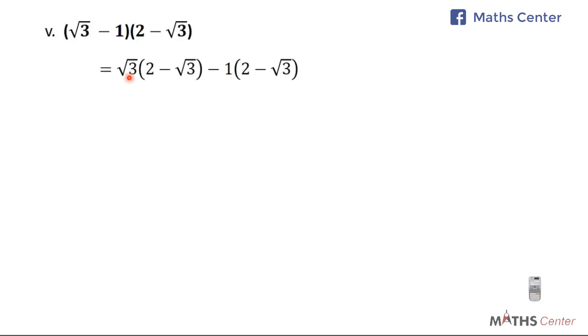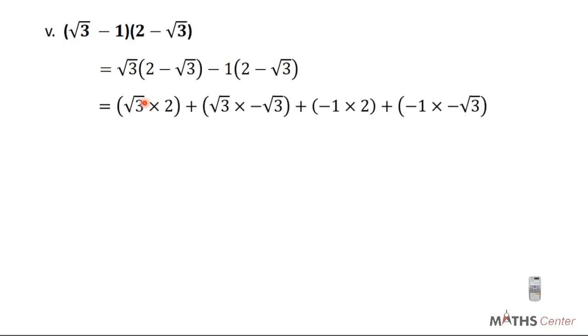We have square root of 3, then times what is in the second bracket, 2 minus square root of 3. Then we take the second term, minus 1. We open a bracket for this, so we have 2 minus square root of 3. Then we do the expansion. So we are going to have square root of 3 times 2 in one bracket.